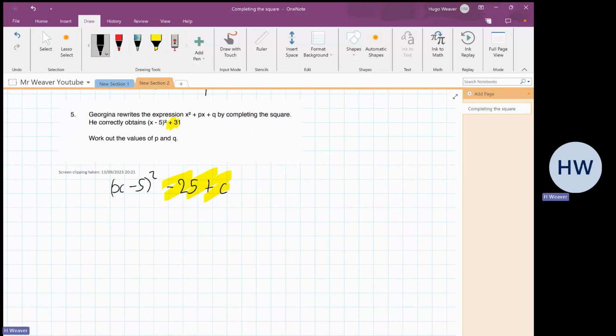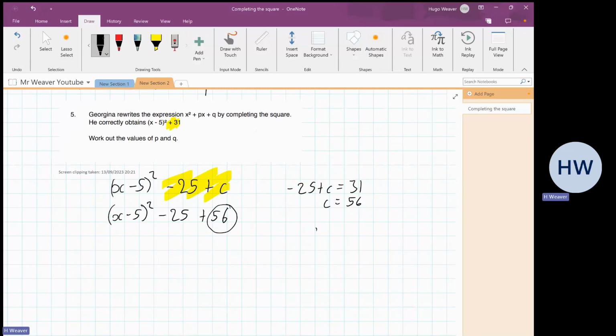So essentially we've got −25 + c = 31. Therefore, c is going to equal 56. So I've essentially got (x − 5)² − 25 + 56.